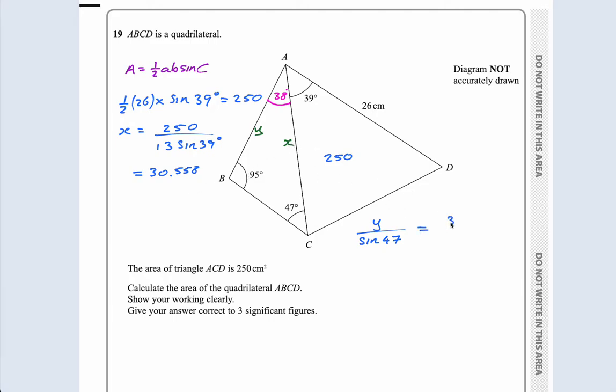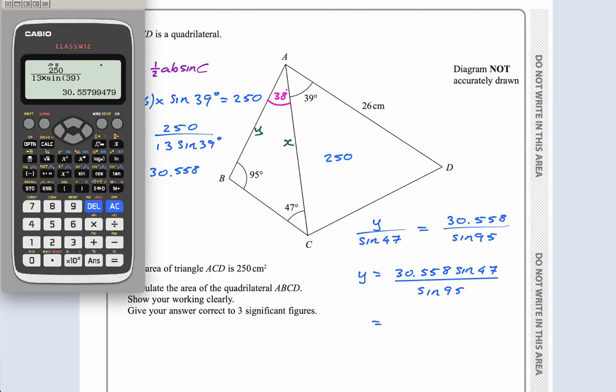Now x is 30.558 over sine 95. Multiply across, y is equal to 30.558 times sine 47 over sine 95. All of this in my calculator, please.